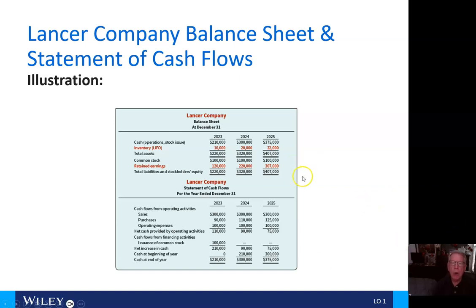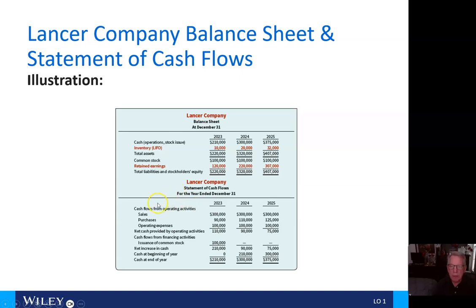Now, if we show the statement of cash flows and the company's balance sheet as of December 31, here is our cash, our inventory at LIFO, total assets, common stock, retained earnings, and total liabilities for the 3 years.